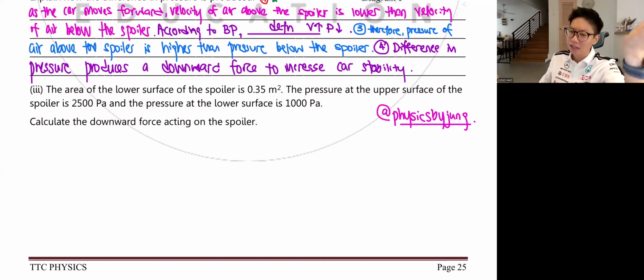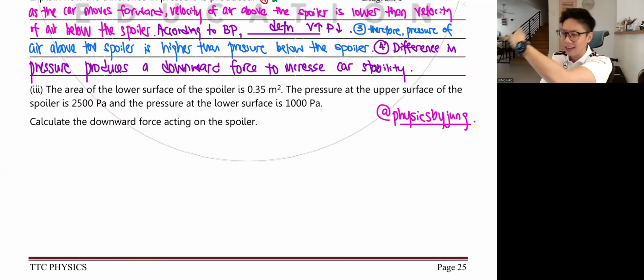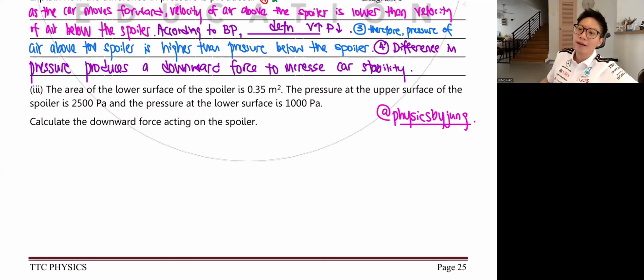So does your papa's car need a spoiler? No need. So at that point, do you want downforce? No need. You just want aerodynamic, reduce air resistance so that the car can go faster. But if you are racing car you want it to be stable, so that you will be able to turn at higher speed. So therefore, that's different.